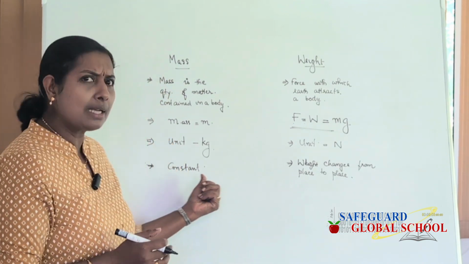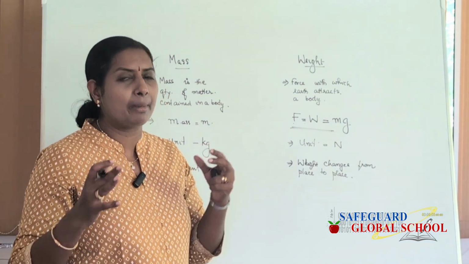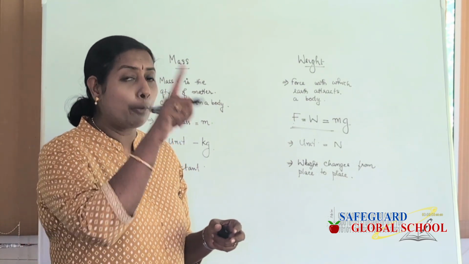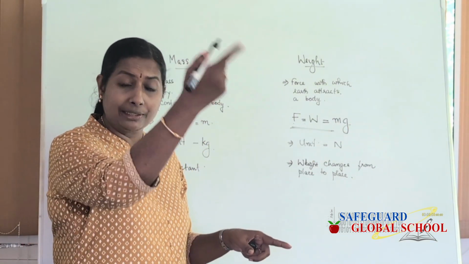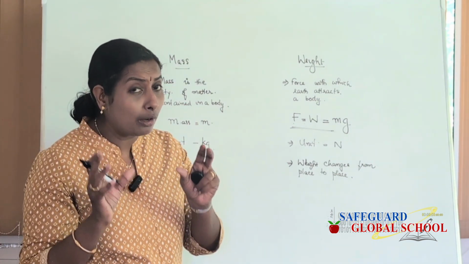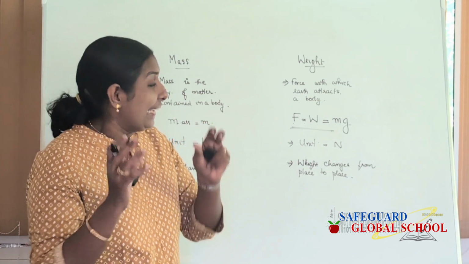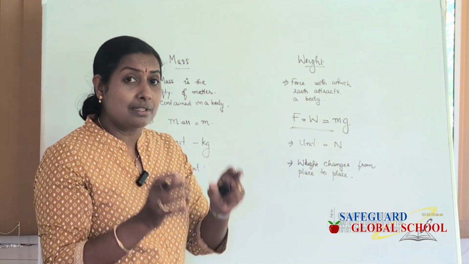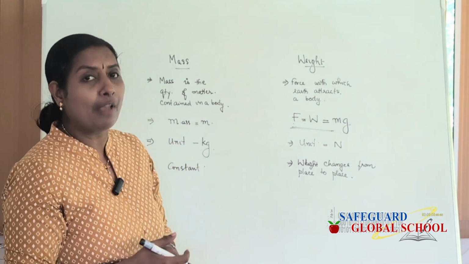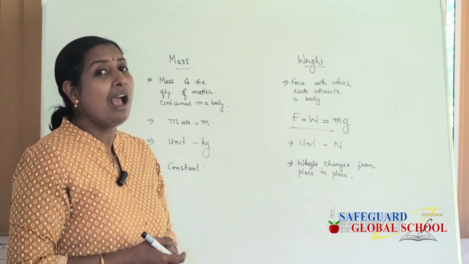Nothing happens to its mass. Mass remains the same. But what happens to the weight? We know that g at the pole is more since the radius is less. So the weight of the 2 kilogram mass of gold increases. That is, the weight at the pole is greater than the weight at the equator. This type of application level question can also be asked.